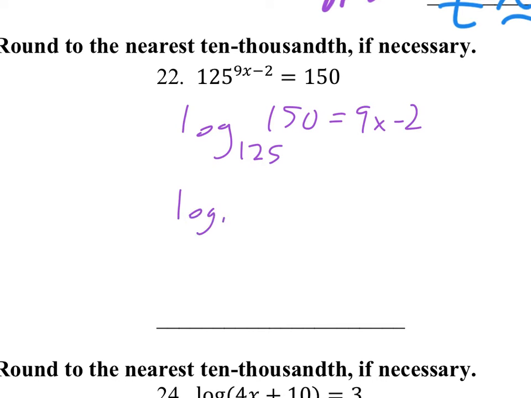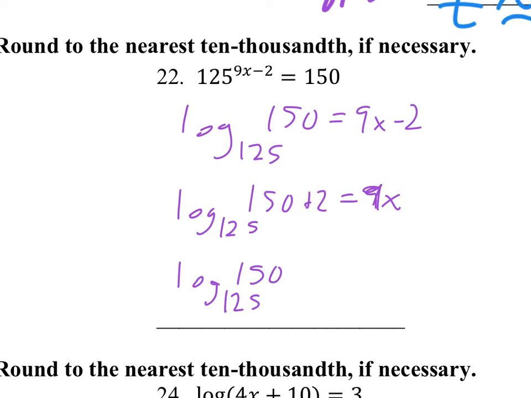So you get log base 125 of 150 plus 2 equals 9x. Divide by 9 and we get log base 125 of 150 plus the 2. Based on my space here, I'm going to write it as multiplied by 1/9 instead of divided by 9.